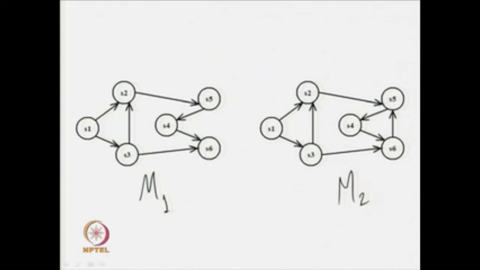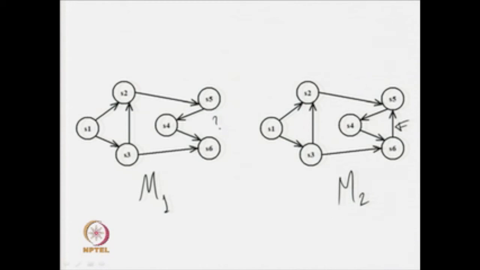If you observe these two models M1 and M2, you will find that both are identical, but in M2 we have one extra arrow, an extra transition. This transition is not present in M1. Is this going to contribute something here?